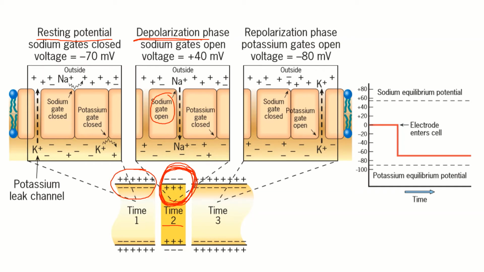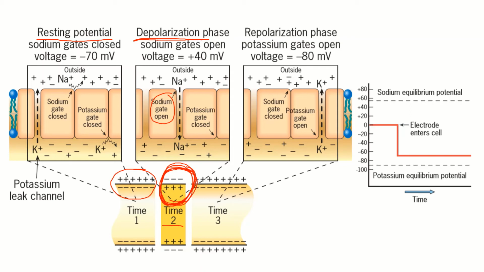Now, this depolarization would continue on and on along the axon of the nerve cell, until the stimulus which caused the nerve signal stops, or when the nerve has become desensitized by the signal.